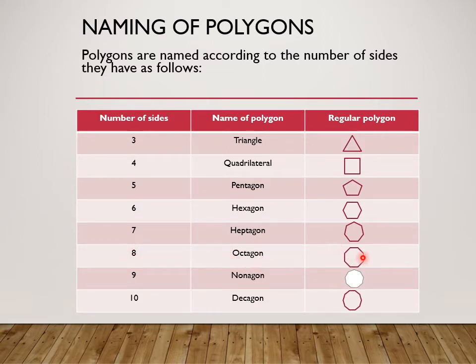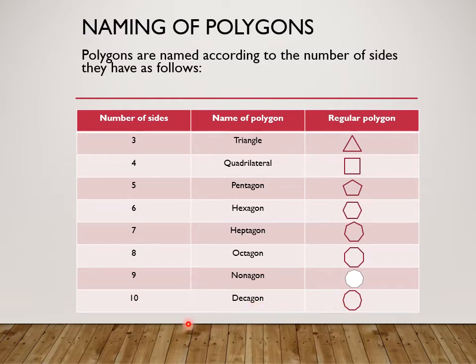If it has 9 sides, it's called a nonagon. And if it has 10 sides, it will be called a decagon.